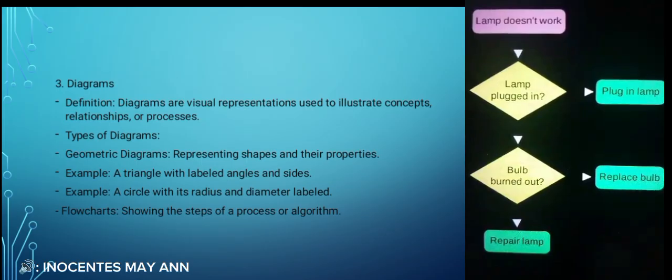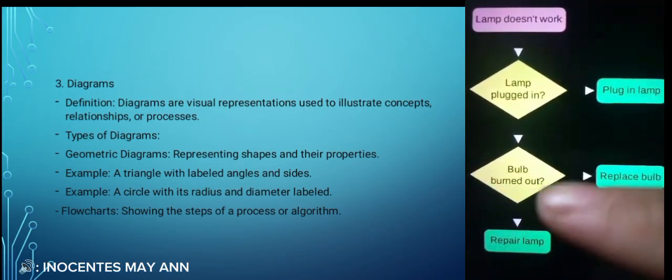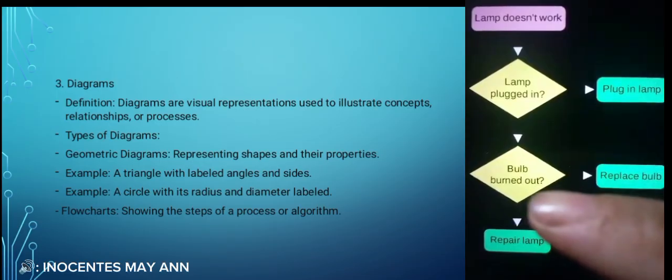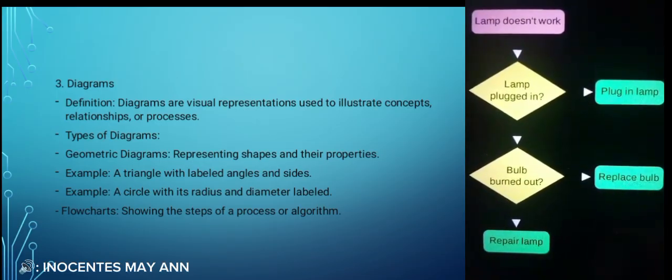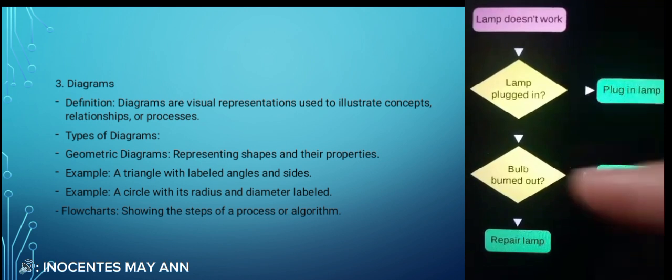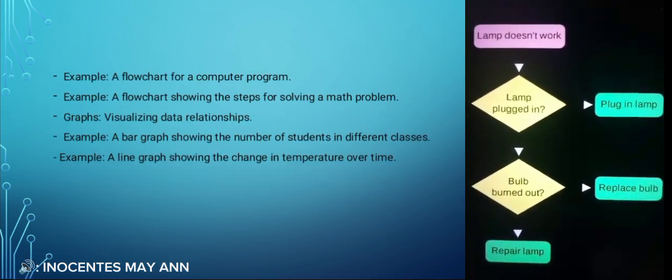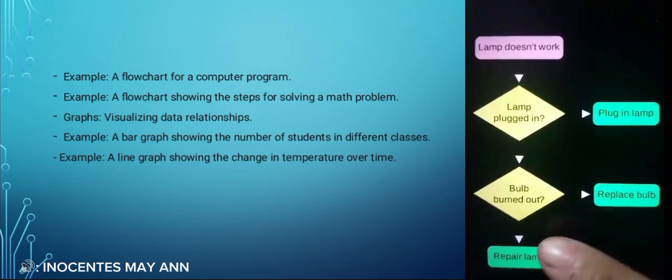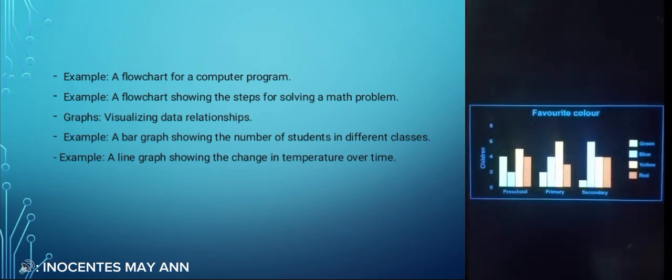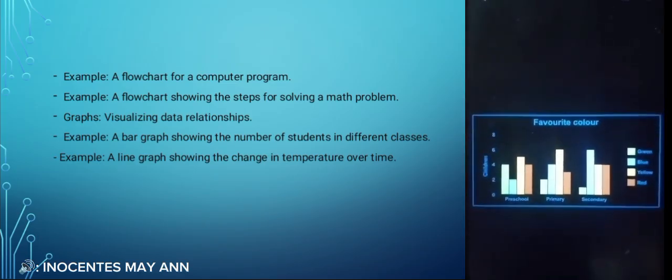But if it's still not working even though it's plugged in, we check if the bulb is burnt out. We then replace the bulb or repair the lamp. There's also an example of a flowchart for a computer program, a flowchart showing the steps for solving a math problem.